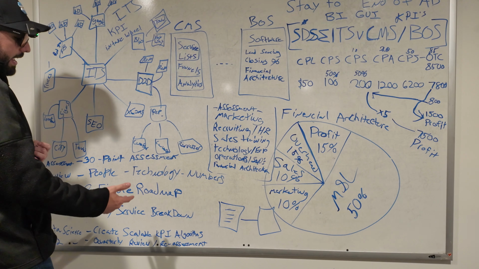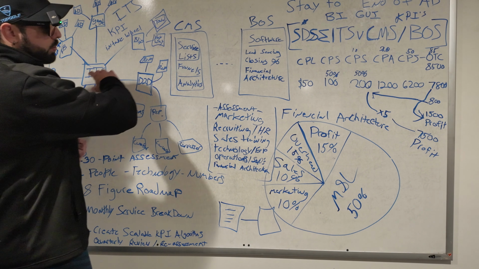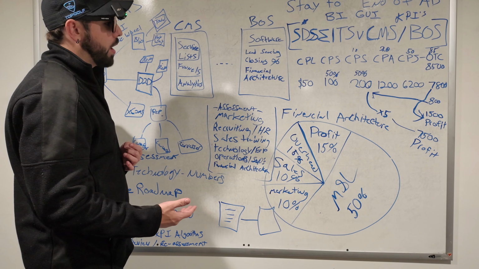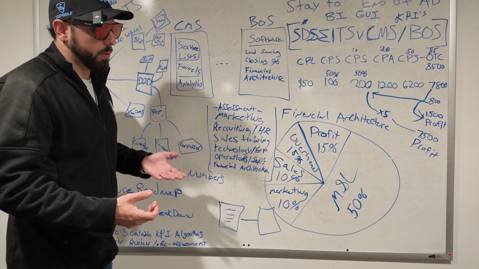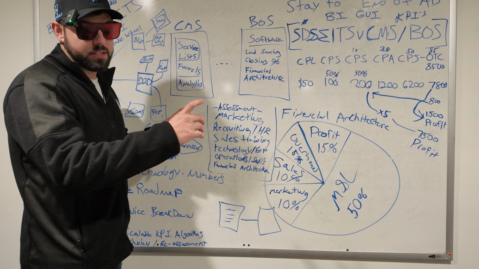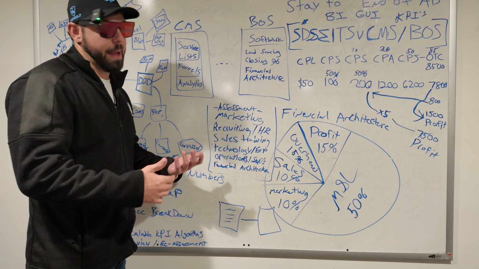Then we can create the actual algorithms and implement data science to basically give you an algorithm that says, as long as you follow this, your business will scale rapidly, right?